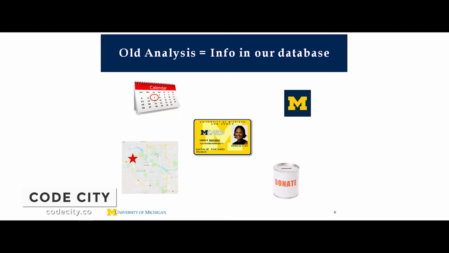Now, talking about this old model of fundraising, we also had an old model of analysis. So before, we have a student that comes to the University of Michigan. We've got a lot of their information in terms of when did they start, how long did they attend University of Michigan, where are they from, have they donated before. All of these were elements that we would use in our model.